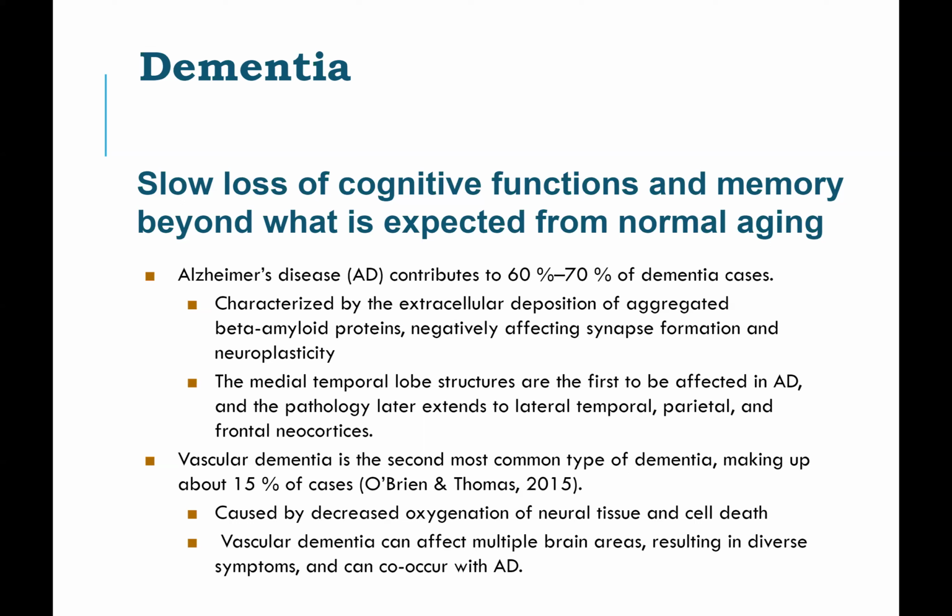But anyhow, it is characterized by extracellular deposition of aggregated protein that negatively impacts synapse formation and neuroplasticity, right? So for learning, you need plasticity. You need synapses to form. That's how cells connect to one another through these synapses that we talked about many weeks ago.